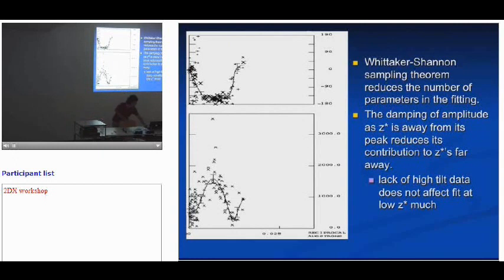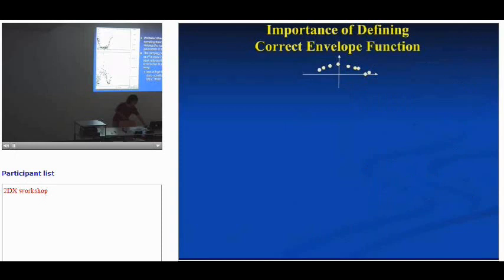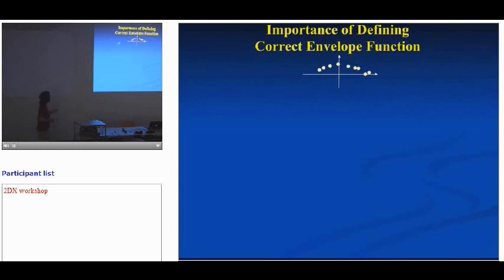So in other words, this approach is not going to help you. So how do we make a general fitting better? That can only be achieved by having the correct envelope function. Now the idea here can be explained more easily. When you think about it, you have data points here, and then you want to fit some polynomial function to it. Let's say you fit it with a straight line.